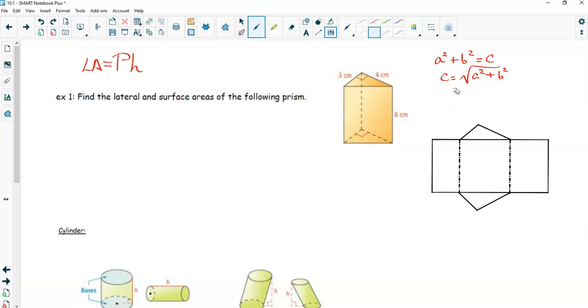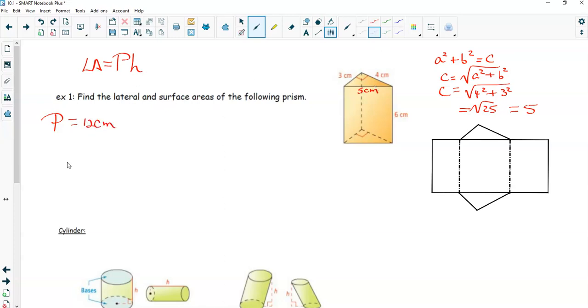Okay, so basically c is the square root of 4 squared plus 3 squared, which is the square root of 25, which is 5. That means that this side right here is 5 centimeters. All right, so now I know the perimeter of the base, which in this case is 3 plus 4 plus 5, which is 12 centimeters.